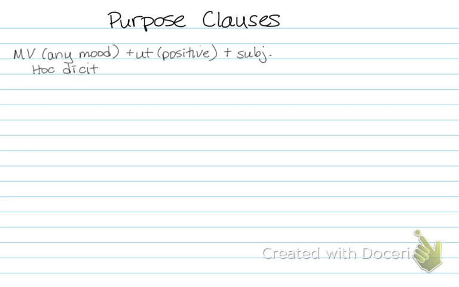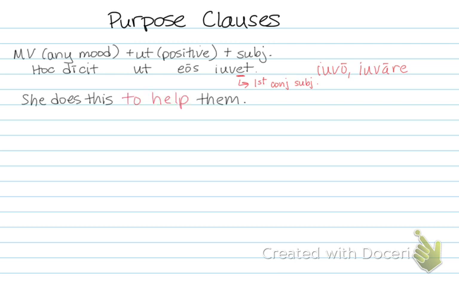So, for example, hoc dicit, he or she says this, ut eos iuvet. That is a first conjugation verb, so the subjunctive is formed with the E vowel. It's iuvo, iuvare in the dictionary. So she does this ut, to help them.